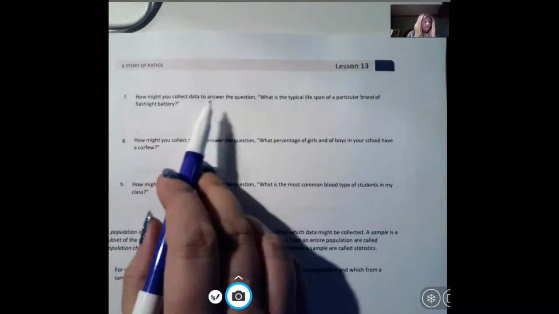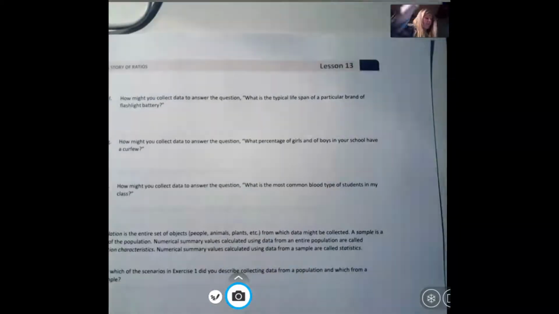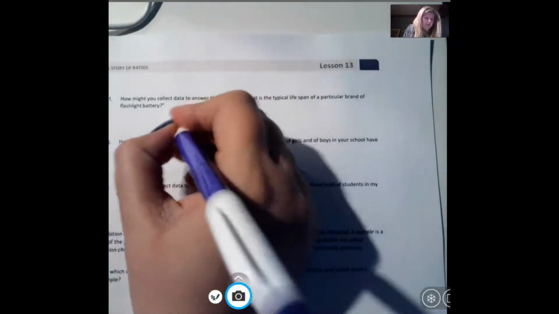So how might you collect data to answer this question? Oh, we're still doing the same thing. What is the typical lifespan of a particular brand of battery? The population would be, let's say Duracell to make it easier, all the Duracell batteries that exist. Well, that would be too costly to test all of those and also ridiculous.